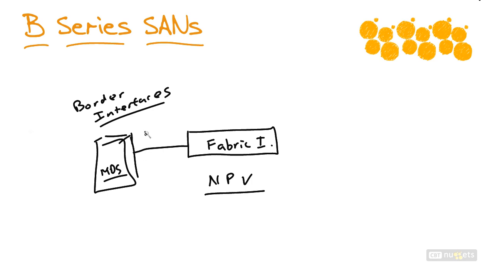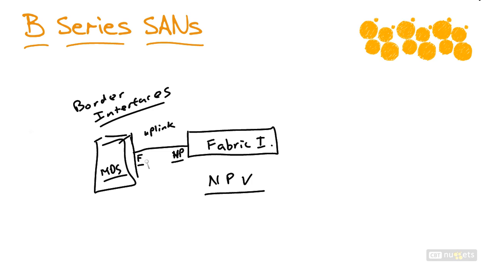We also like to refer to this as our uplink, the same terminology that we used in the local area networking environment. This is a fabric port on this side, an F port, and it's an NP port on this side. What does NP stand for here? Well, it's a proxy node port. Okay, so we have a proxy node port on the Fabric Interconnect side, a fabric port on the MDS side.